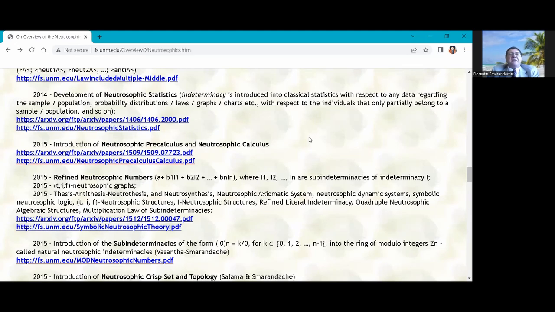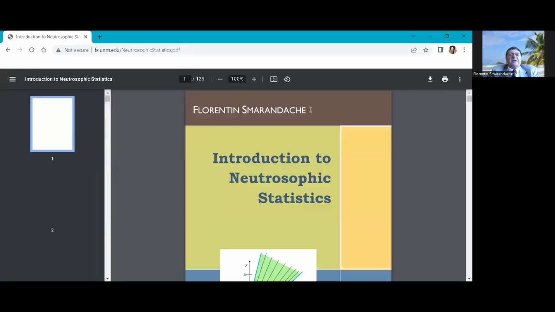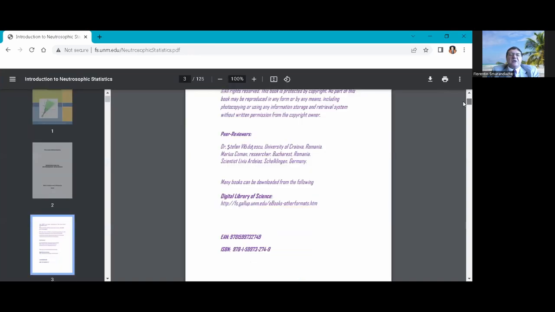Some indeterminacy cannot be approached only using interval statistics. So that's why I developed Neutrosophic statistics. I defined it in 2014. The first time it was actually defined in 1995, but later it was extended into a book.